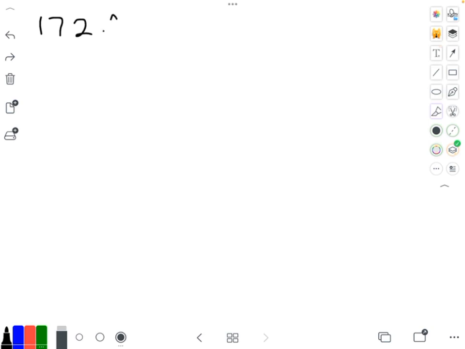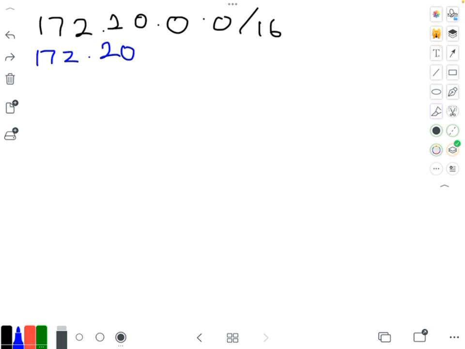So the subnets will be 172.20.0.0, and that is a /22. The range is going to be 172.20.0.0 to 172.20.3.0, right?